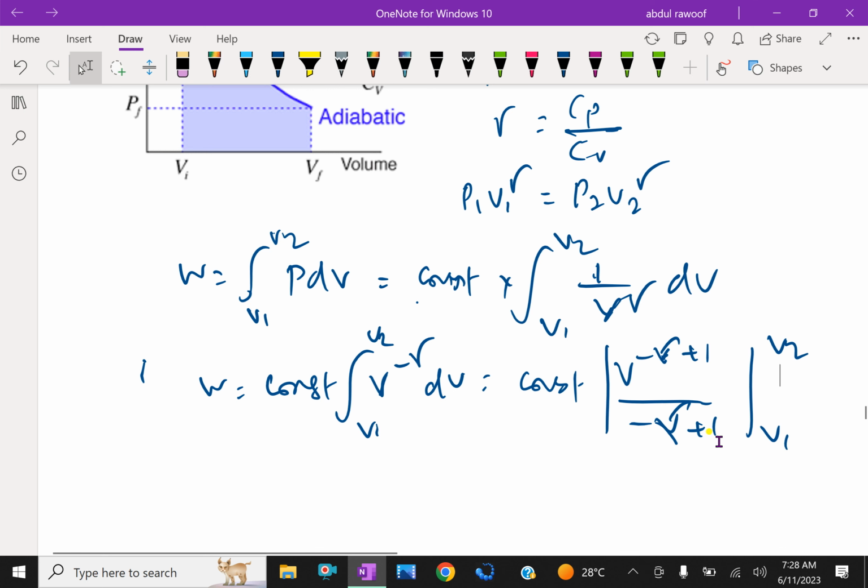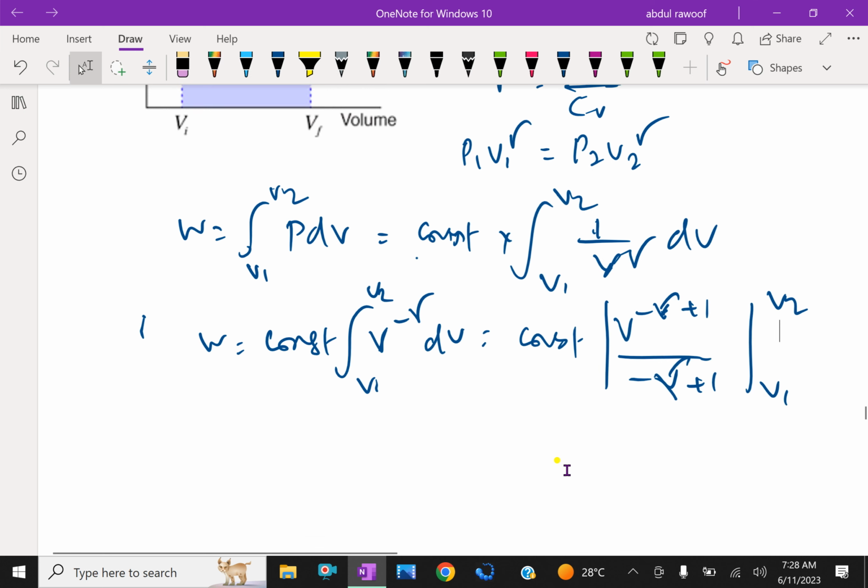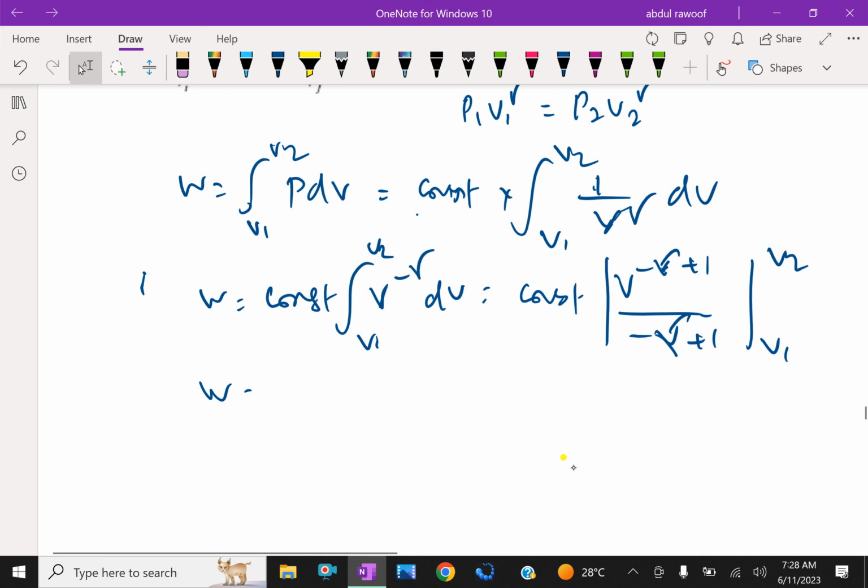Applying the limits V2 and V1, we get W equals constant by 1 minus gamma.